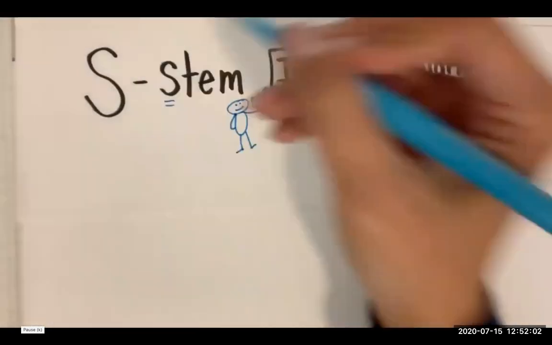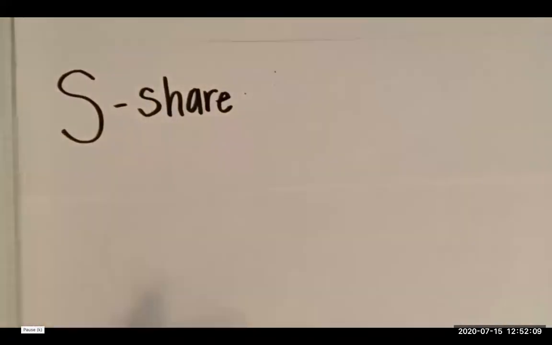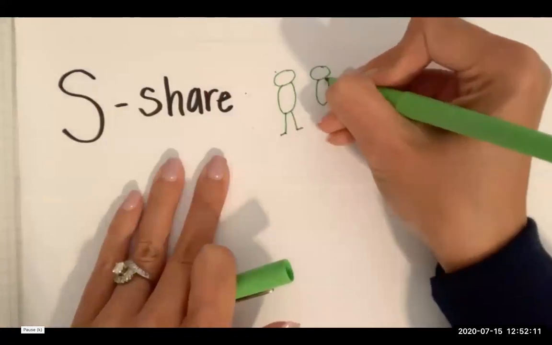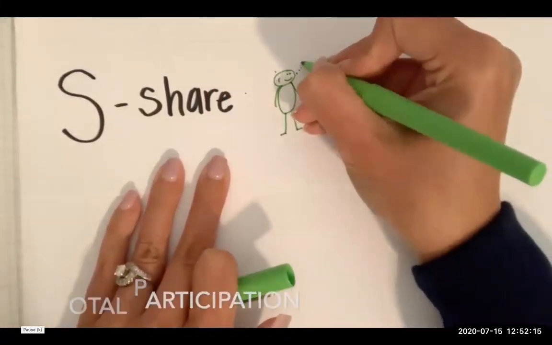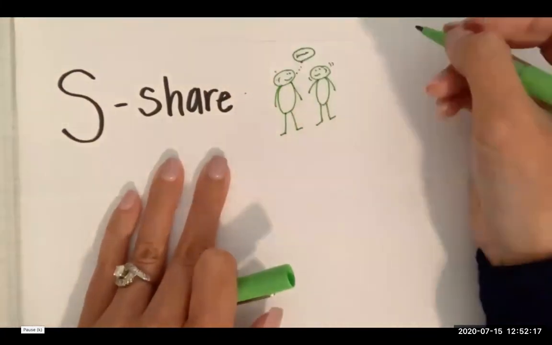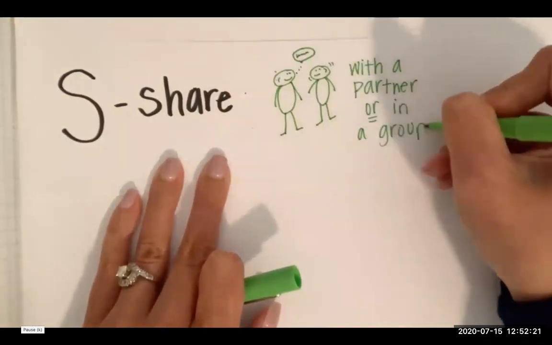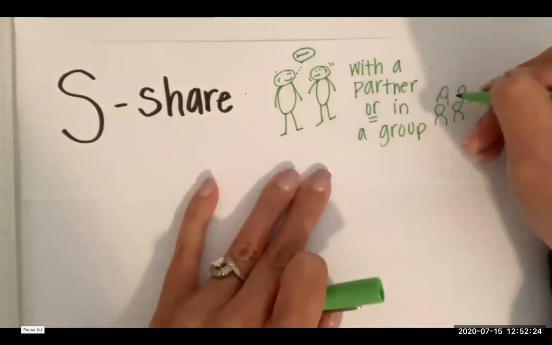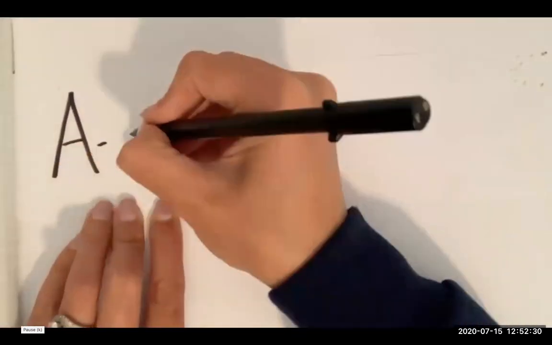The third S stands for share. We model explicitly exactly how we would like for students to share. They may share with a partner or share with a group of other students. Sharing in smaller settings helps to lower the affective filter for our English learners and for all students. Finally, the A stands for assess.